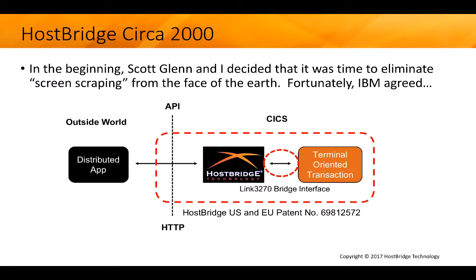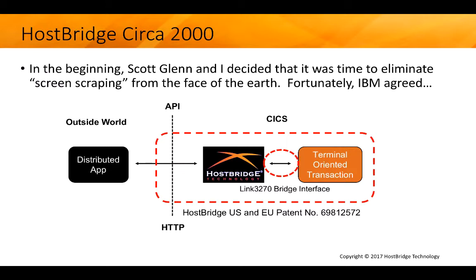Now the magic was we were able to interact with that terminal-oriented transaction with absolutely no screen scraping. In other words, we were able to send data to that transaction and receive data from that transaction without making any references whatsoever to rows and columns. And really that's the essence of screen scraping as an integration technique: when you're creating a binding relationship between something outside the mainframe and an application running under CICS on the basis of rows and columns.